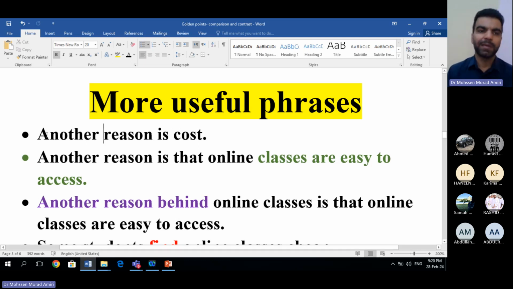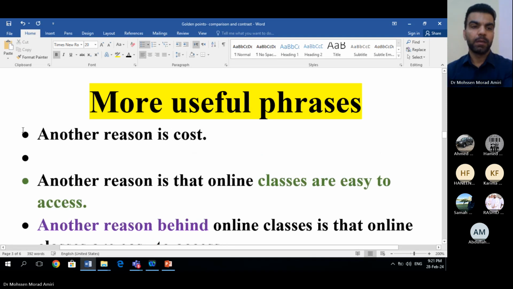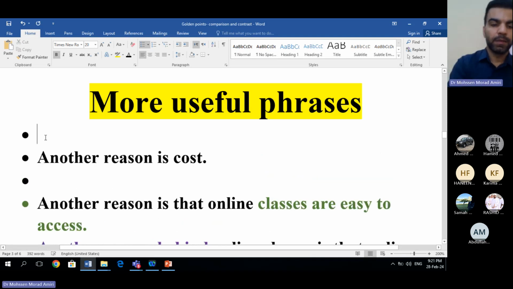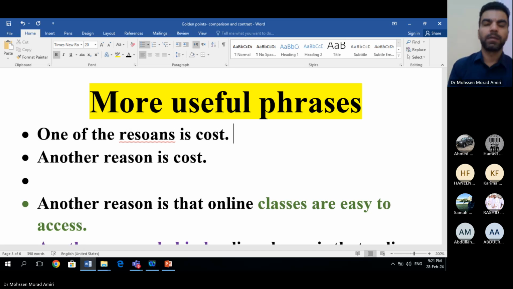For example, when you're giving reasons, we say another reason is cost. If you want to say that cost is one reason, we say one of the reasons is cost. You write it here. One of the reasons is cost.